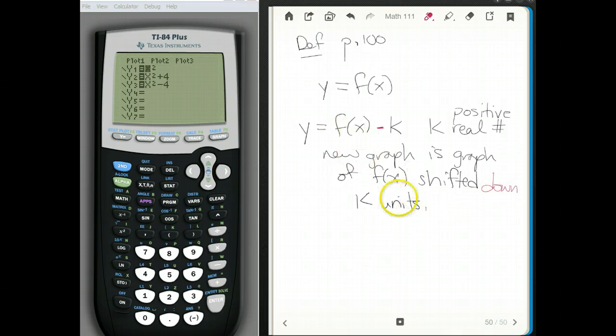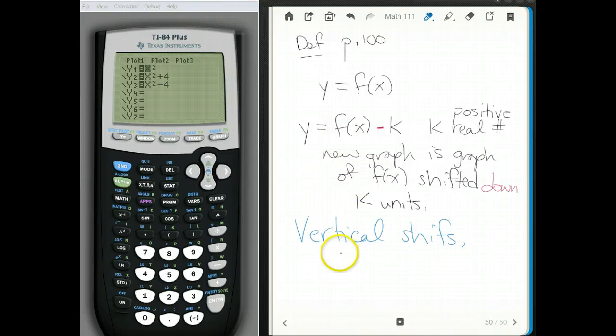Each of these two kinds of shifts, shifting up and shifting down, are called vertical shifts. So we just defined the two kinds of vertical shifts: shifts up and shifts down. Shifts up are achieved by adding a positive number, and shifts down are achieved by subtracting a positive number. And so that's how we work with those kinds of shifts.